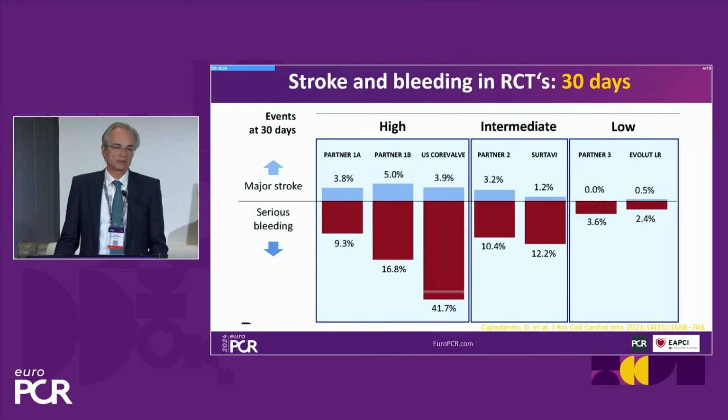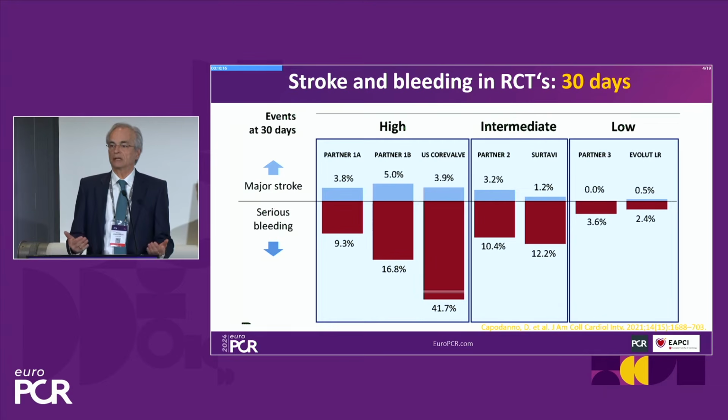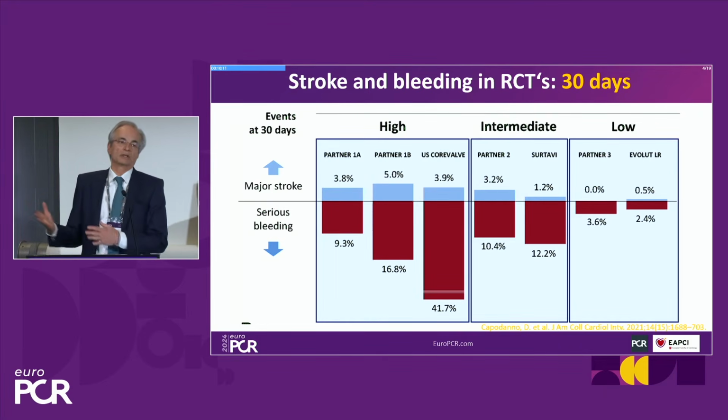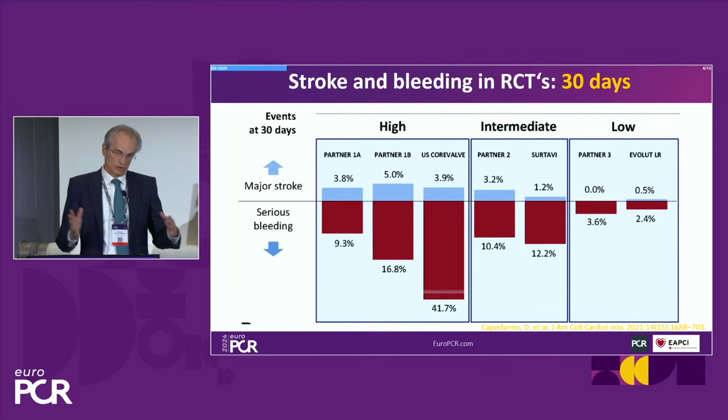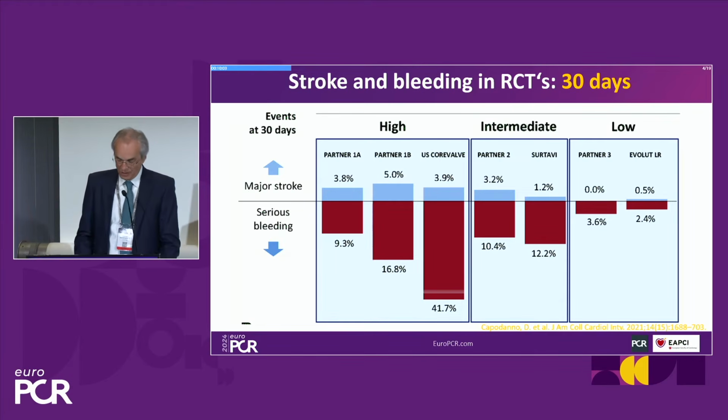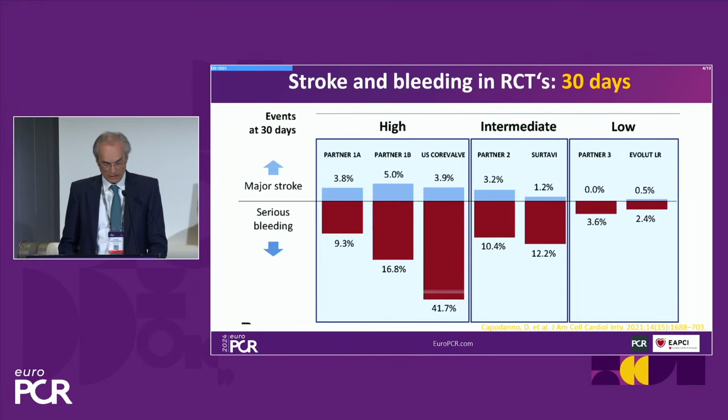If you look at these different trials in high, intermediate, and low risk, you see clearly that there is a stroke risk in those patients who have a high risk, and you see also that they have a very high risk for bleeding. We all know that we are moving now a little bit towards lower risk patients, so bleeding becomes less of an issue. But still, this is something that we all know is of importance.